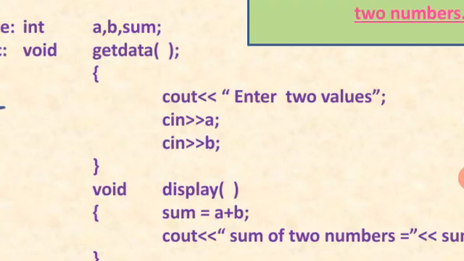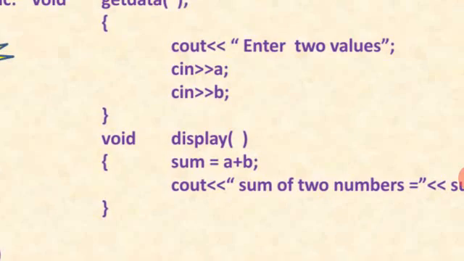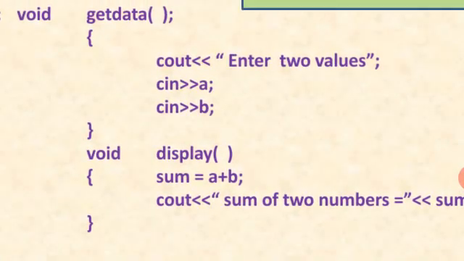So A and B will be accepted. Next, one more function I have utilized here, that is void display. Similarly, how we have used void getData, the same way we have to use void display. In display, I am calculating the sum of 2 variables. So sum is equal to A plus B. Once I calculate the sum, I have to display that sum.